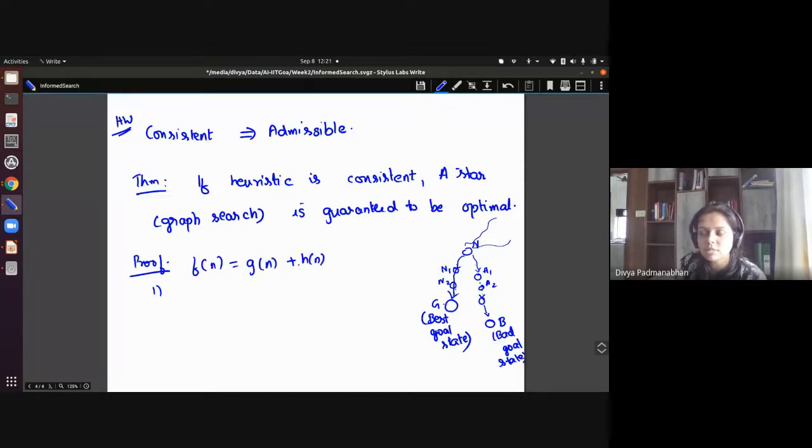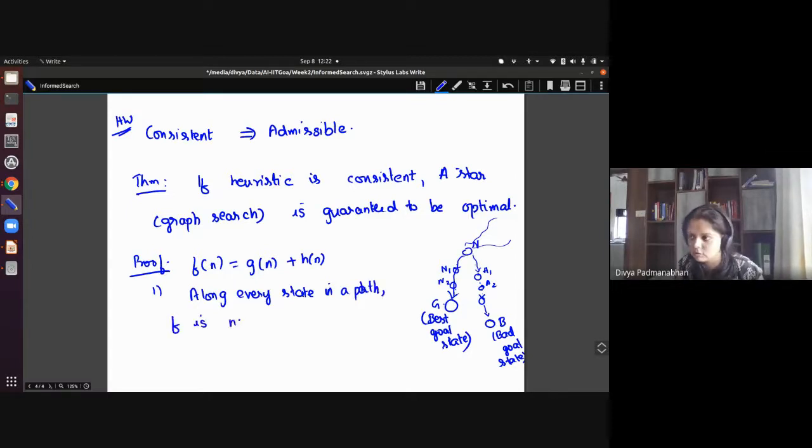And this heuristic is consistent, so these f values are going to be non-decreasing along every state in a path. So this is the first claim.